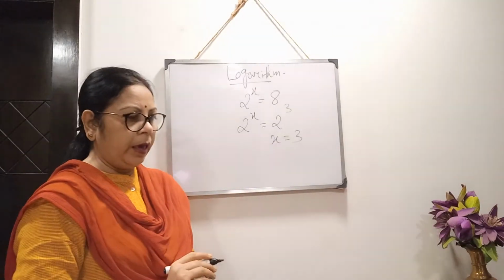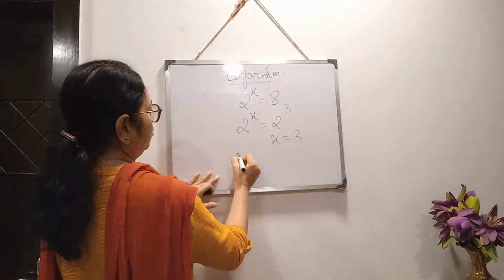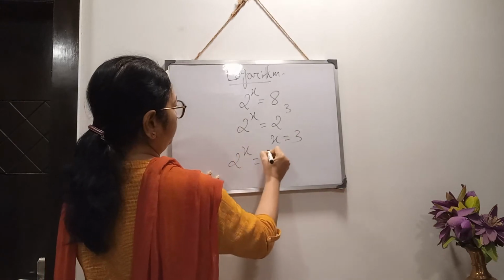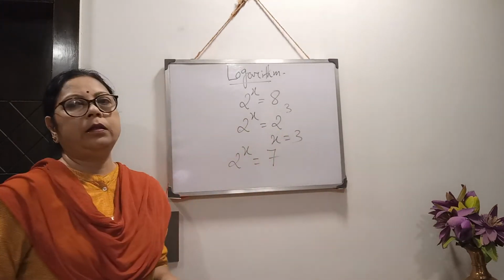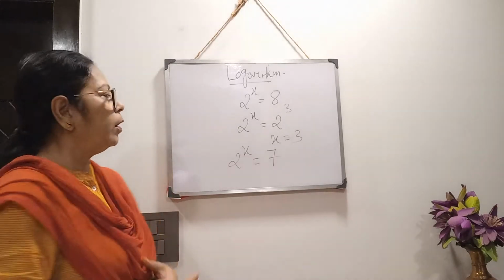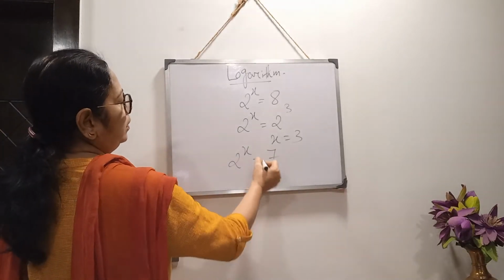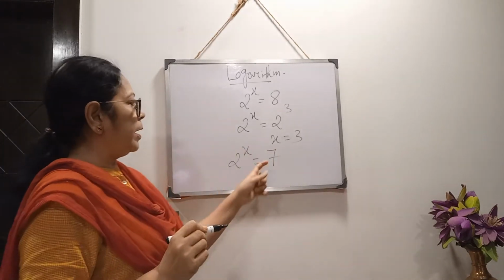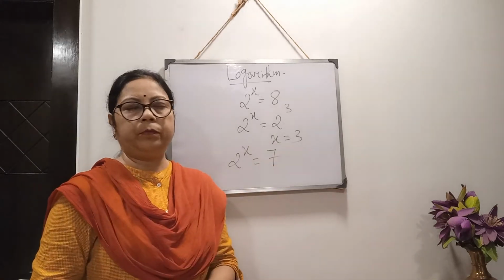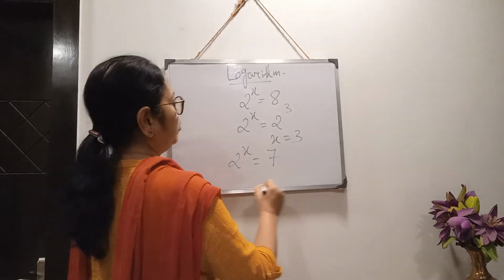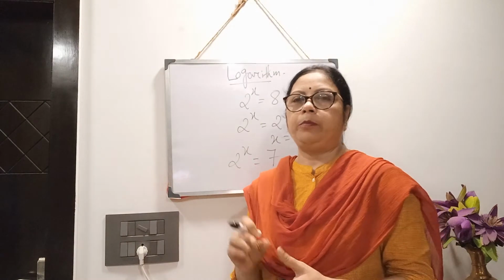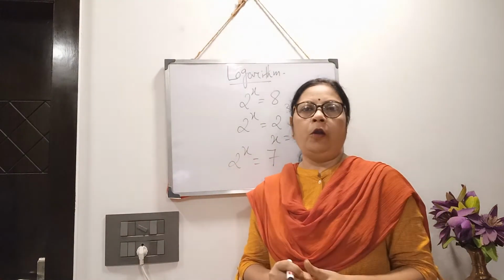But if the equation is of this type, 2 to the power x equals 7, then solve for x. How can we do it? On this side we can't bring the base as 2. Clear? So to solve this, we have to take the help of log.